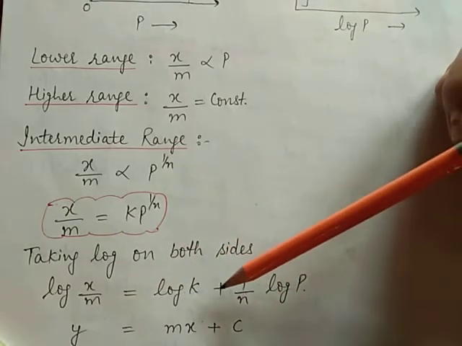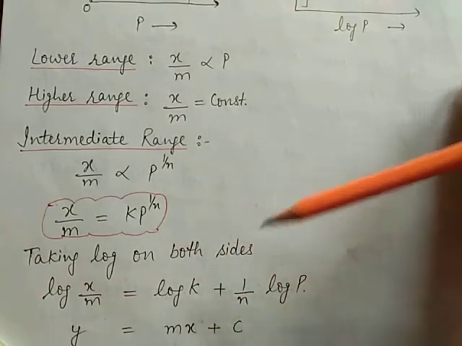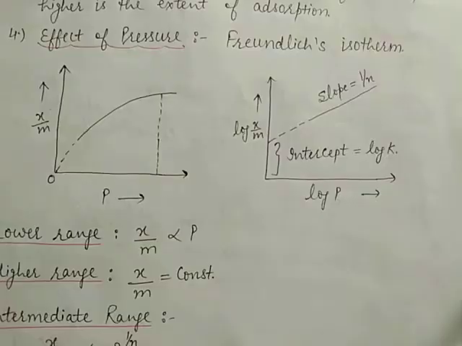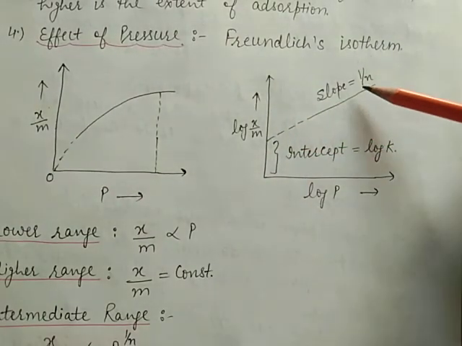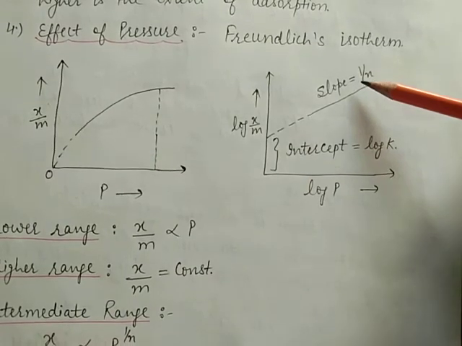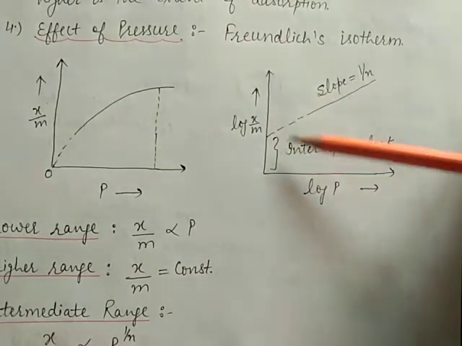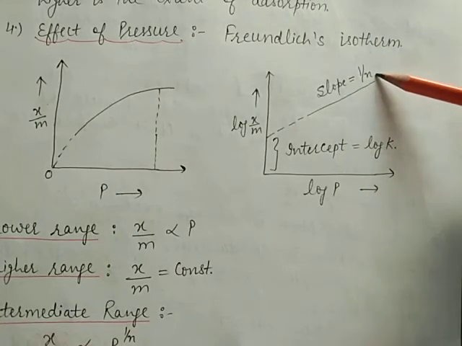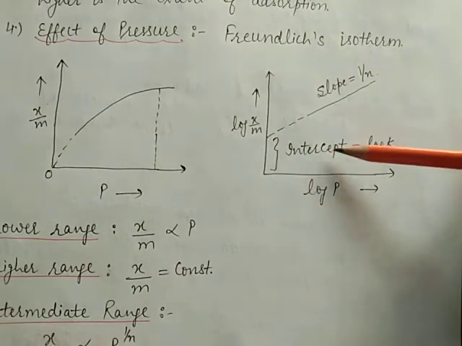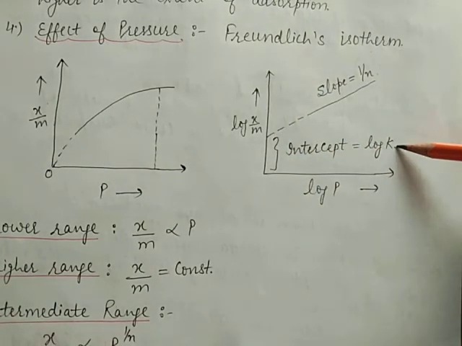This graph shows a straight line, and the slope of this straight line gives the value of 1 by n, and the intercept is log of k.